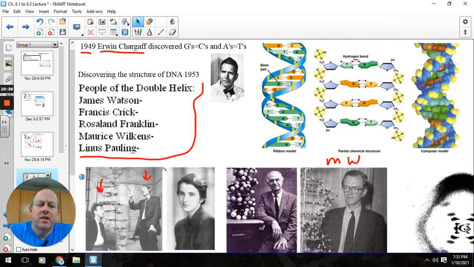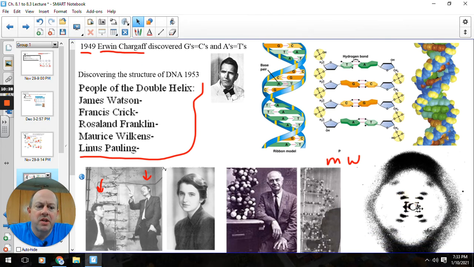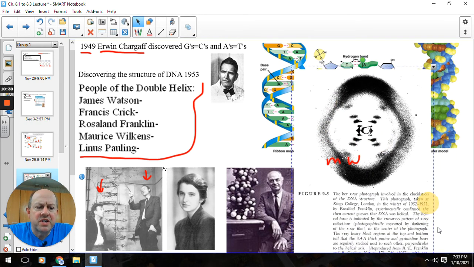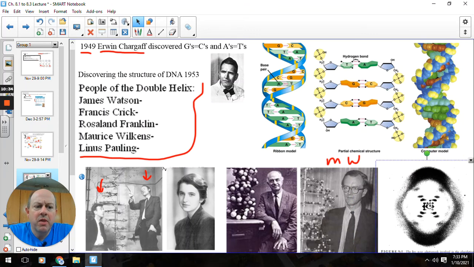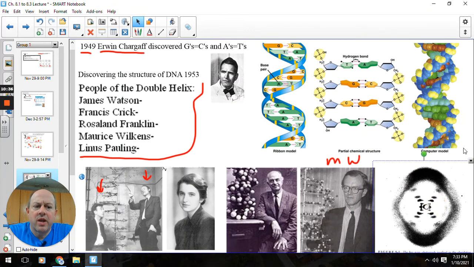Now, one of the things that we needed to help with our DNA was this idea of X-ray crystallography. Okay, and so we shined an X-ray on a crystal, and then based on the pattern that was produced, it came up with kind of one of these little ink blot looking things.